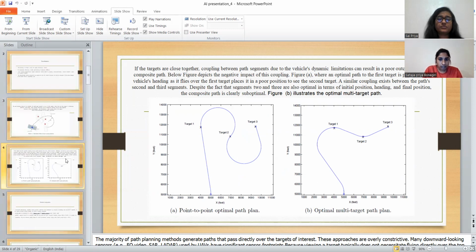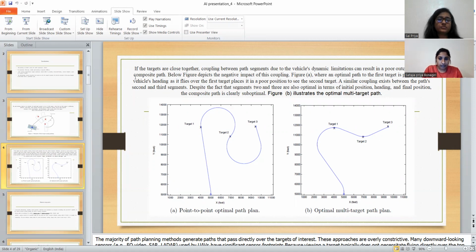So with numerous targets, the strategy entails devising an ideal path from the beginning place to the first objective, then from the first target to the second target, and so on, until the targets have been visited. If the targets are widely spread relative to the vehicle's turning capabilities, this strategy works well as long as the ideal visit sequence can be defined.